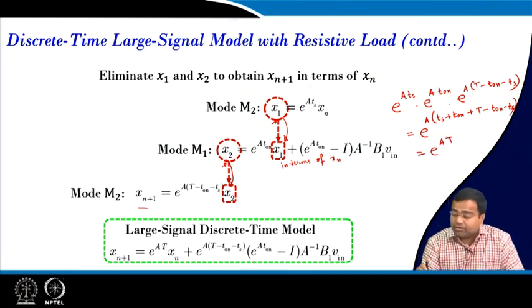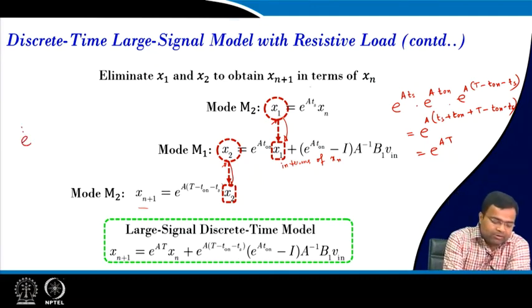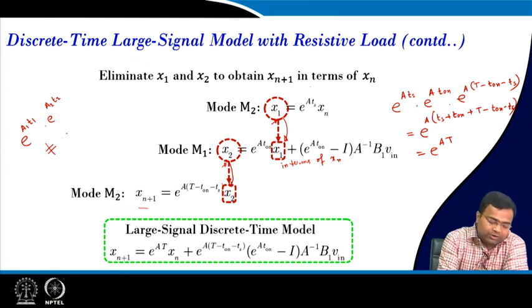But if A1, A2 matrices are different, can you always write e to the power A1 T1 into e to the power A2 T2? It will not be equal to e to the power (A1 T1 plus A2 T2) if A1 A2 is not equal to A2 A1.